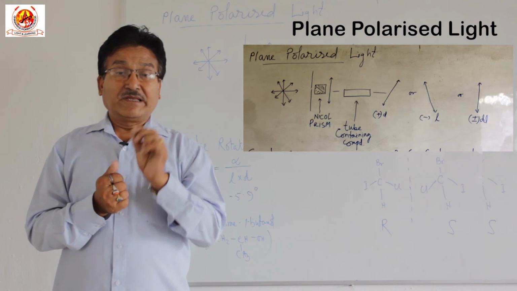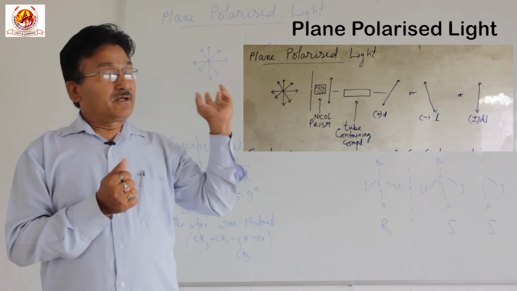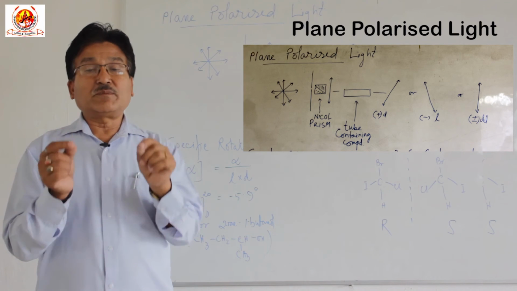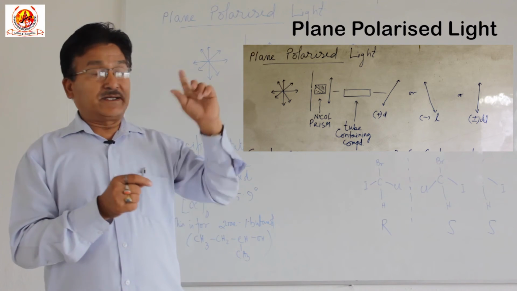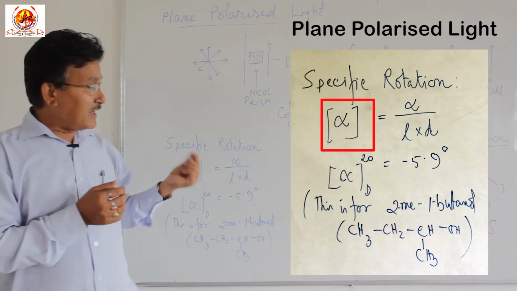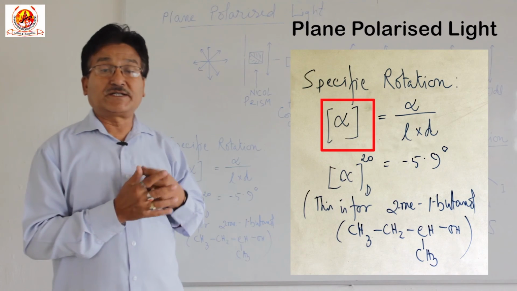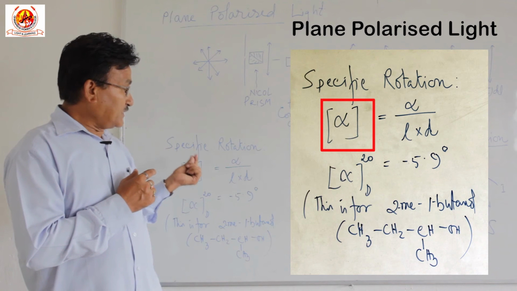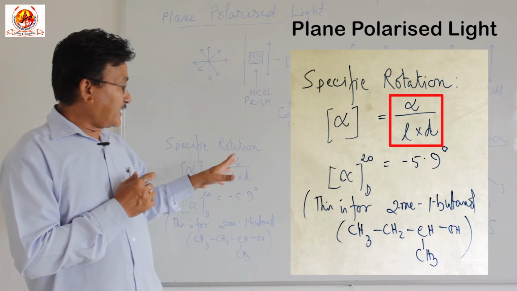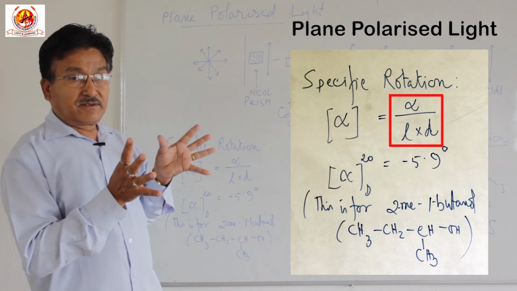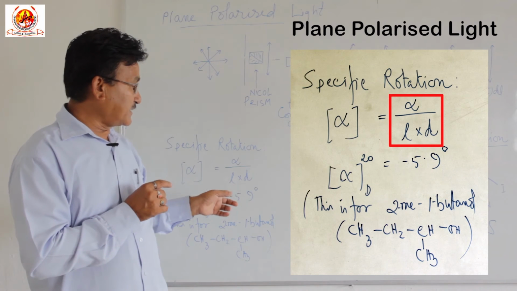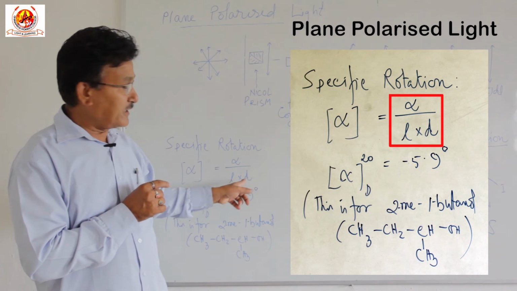The number of molecules can be different if we are taking different concentrations of the compound. Here we have this tube of any length. This will be calculated as in the case of the specific rotation. This alpha means the specific rotation, the rotation given by that amount of concentration; it depends on concentration, different lengths and different density.